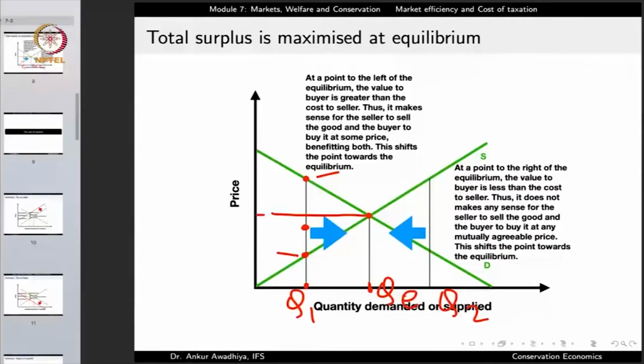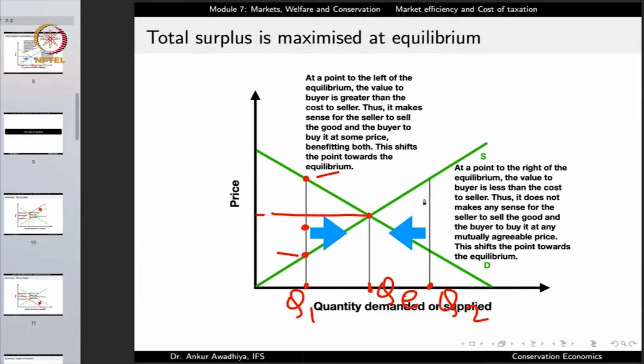Now, if there is a scope to increase total surplus, it means that it is not a point where the total surplus is maximum. So it is telling us that at all the points to the left of the equilibrium, the total surplus is not maximum. Whereas if we take any point to the right, so we are considering this point Q2.